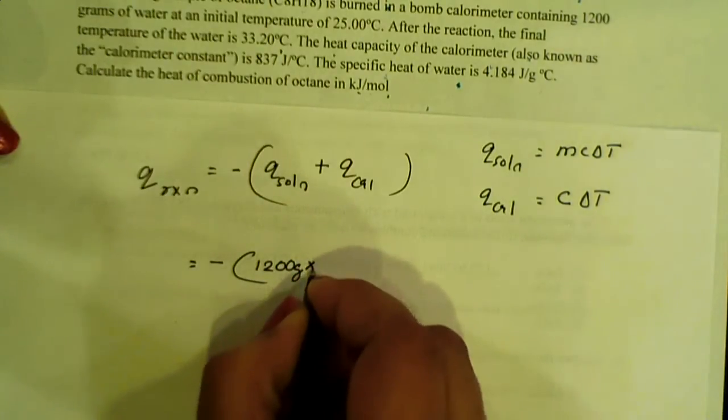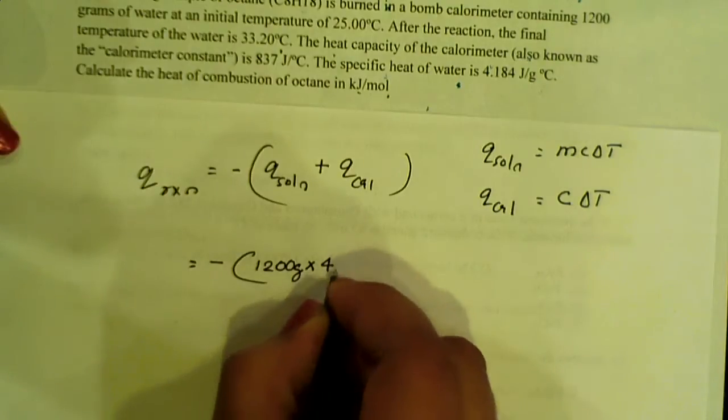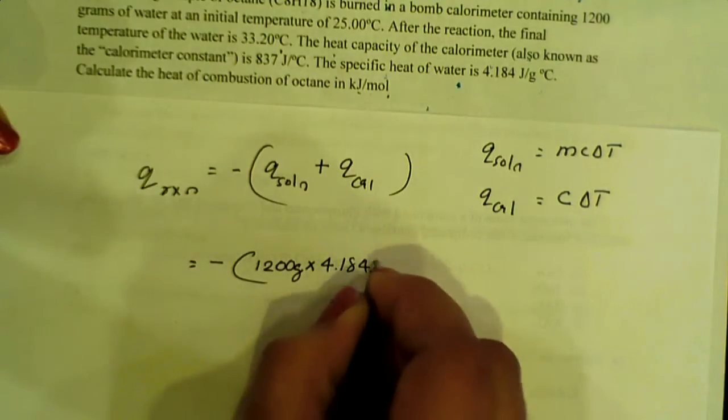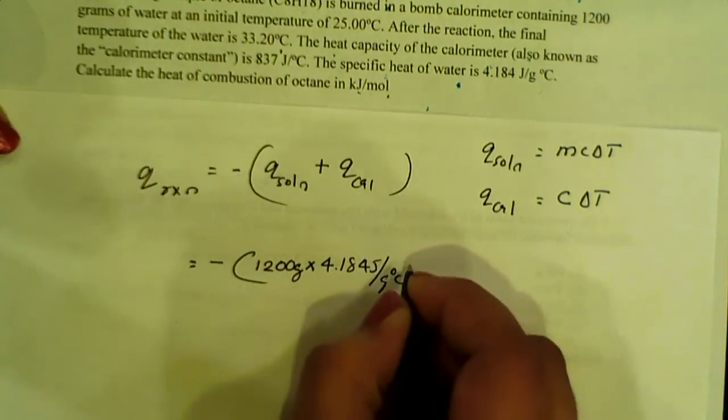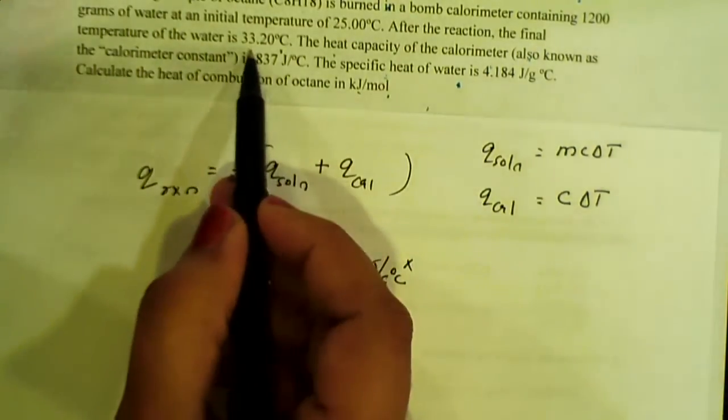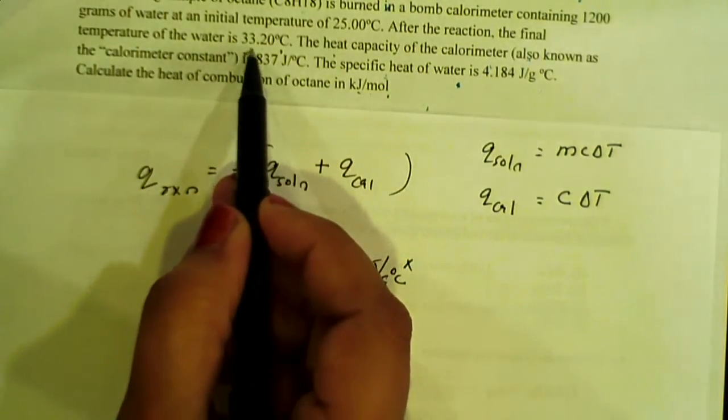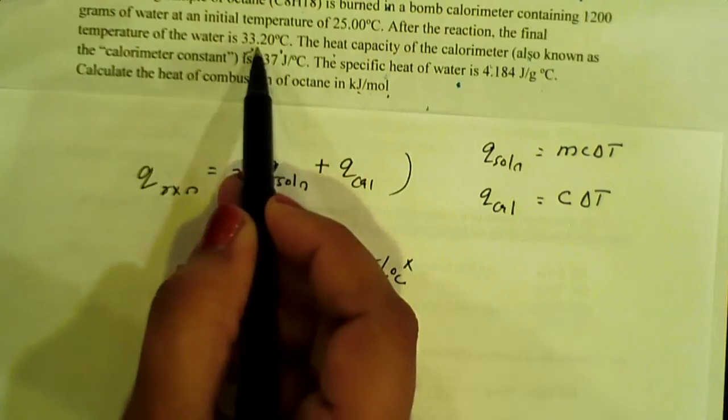So the mass must be in grams, specific capacity is given, and delta T, the change in temperature, could be in degrees Celsius or Kelvin, it doesn't matter because both are going to be the same.